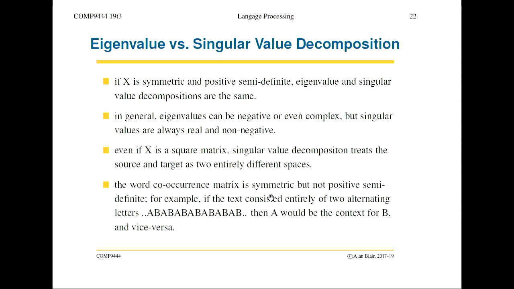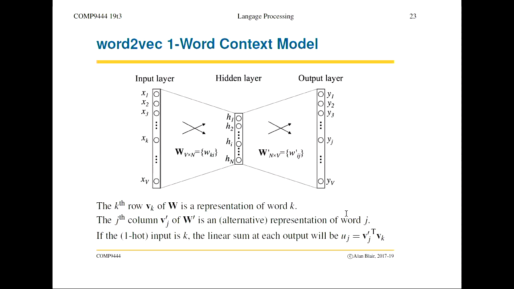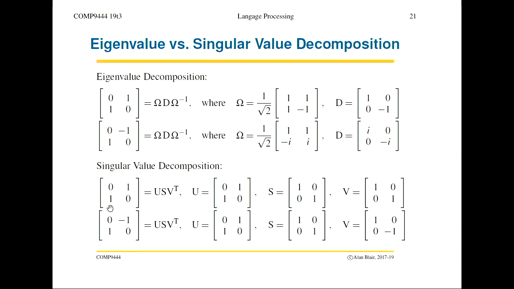So for example, if there were only two letters in the language and they were always alternating, A, B, A, B, A, B, A would be the context for B and B would be the context for A, right? So this is symmetric.